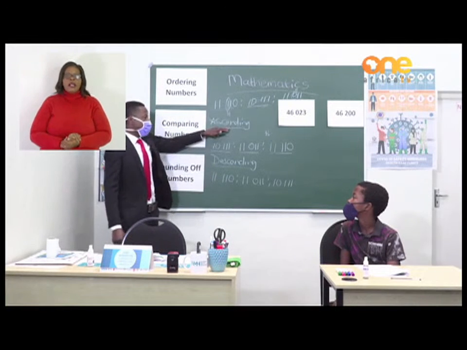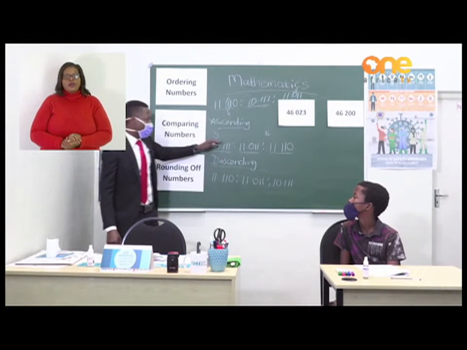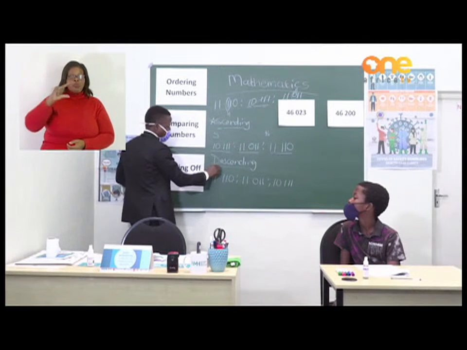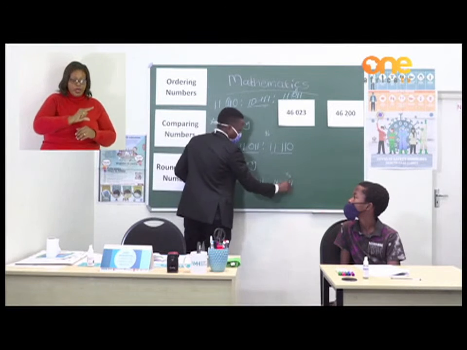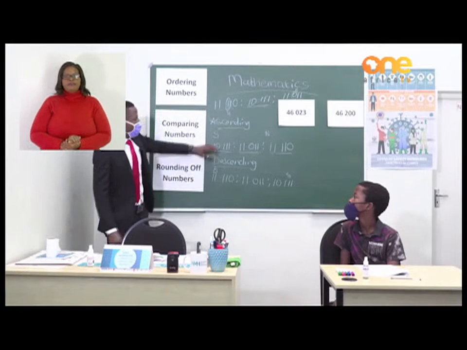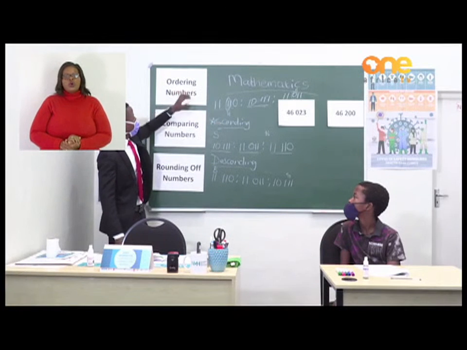So ascending order, descending order, small to big, and here is big to small. So that is the part of ordering numbers.